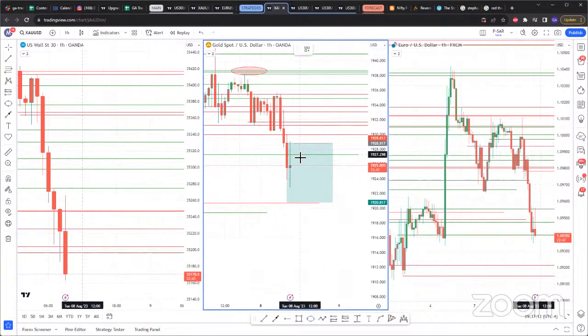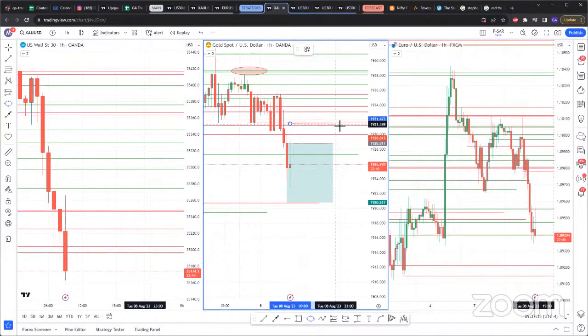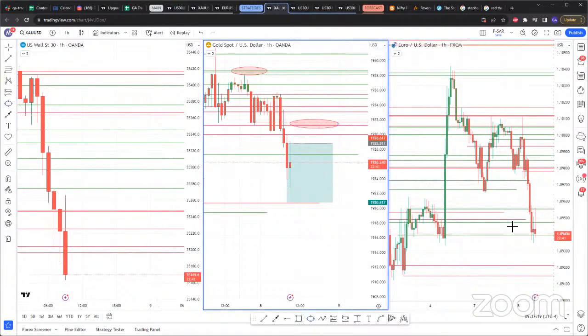SAR means stop and reverse, actually not support and resistance. So when I say parabolic SAR, think of stop and reverse. That's also why I mentioned that parabolic zones can be used as reversal zones.